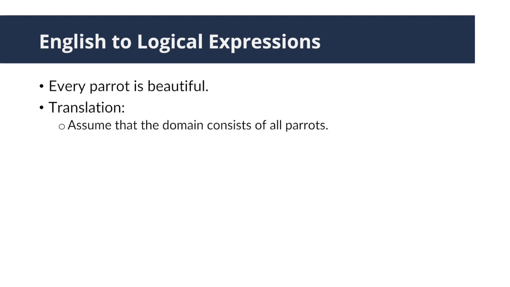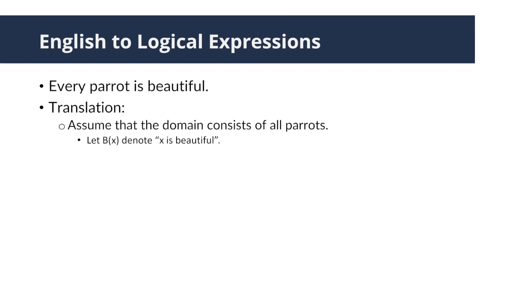Let's assume the domain consists of all parrots, then X is a parrot by default. Therefore, you don't have to specify what X is. You only need to introduce a notation to represent X is beautiful. Here, we use Bx to denote this property. So Bx denotes X is beautiful.